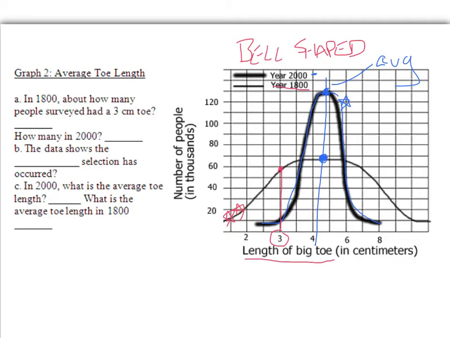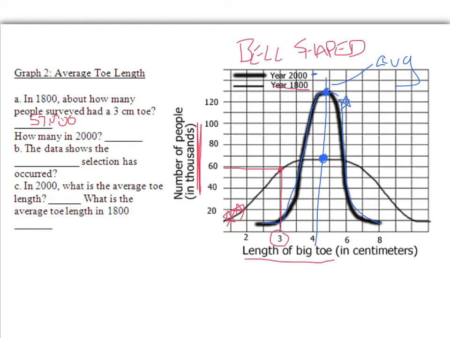Now that is going to be just under the 60 line, right? Is the answer 60 though? Because notice this is really important, in thousands, right? So for this, we could say, oh, there's probably about 57,000 people surveyed that had a 3 centimeter toe in the year 1800.